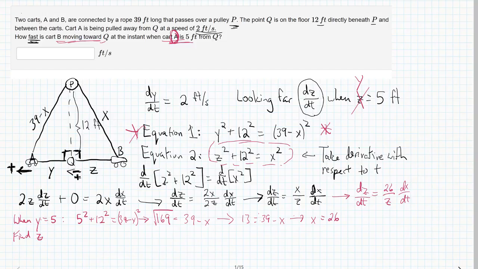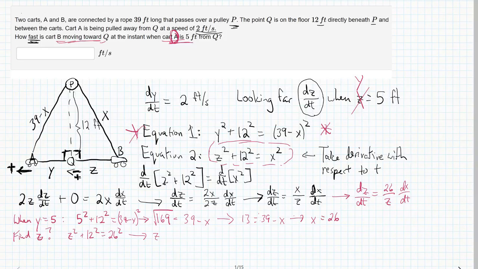We can go back to equation 2, and so that's where we get z squared plus 12 squared equals 26 squared. So that's not going to be the prettiest thing of all time, but hopefully we can work this out.